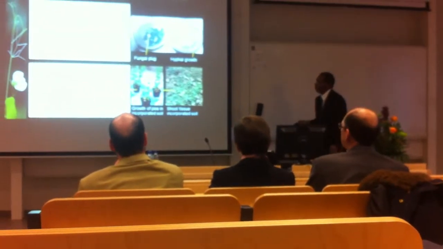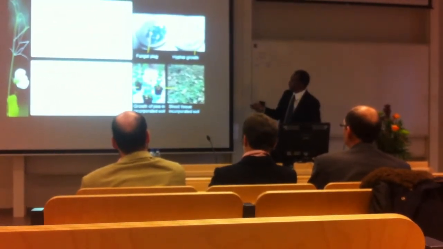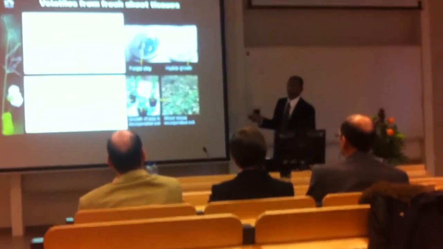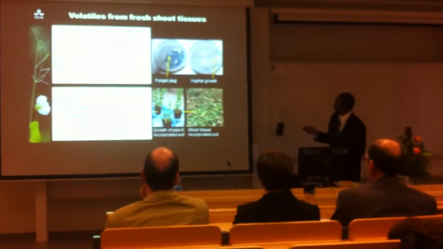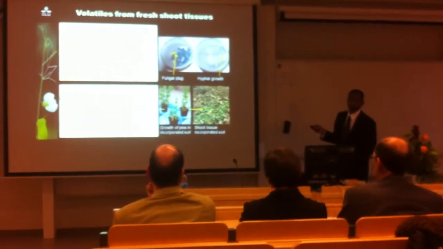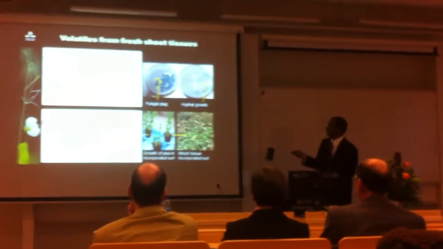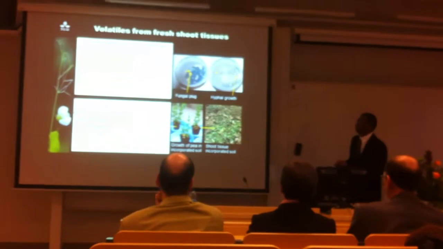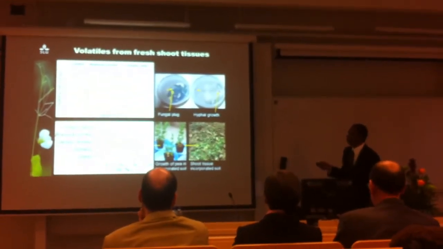This in vitro experiment showed that the leaf tissue of Brassica juncea strongly affects the pathogen growth. Also the stem of Brassica juncea.